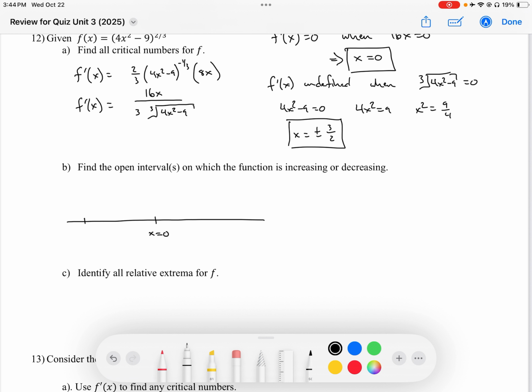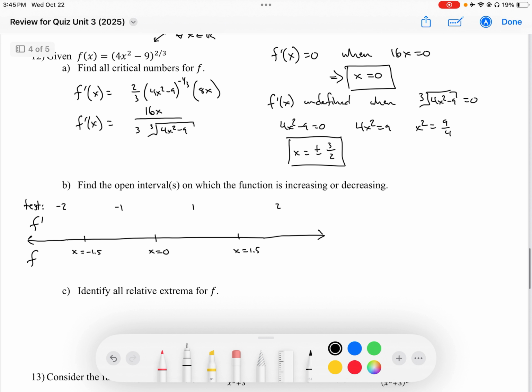I am going to put x equals negative 3 halves, which is negative 1.5, and I'm going to put x equals 1.5. So I've created 1, 2, 3, 4 intervals, so I need to find test values. So let's choose negative 2, negative 1, 1, and 2, right? Because I need to choose a test value in each one of these intervals to test f prime so I can see what's happening with f.